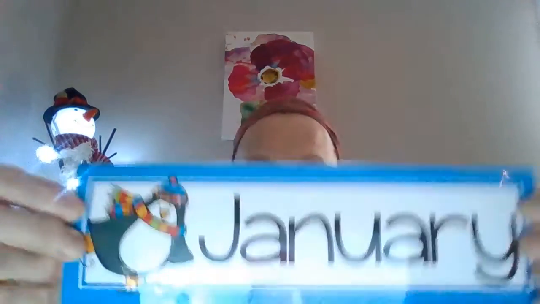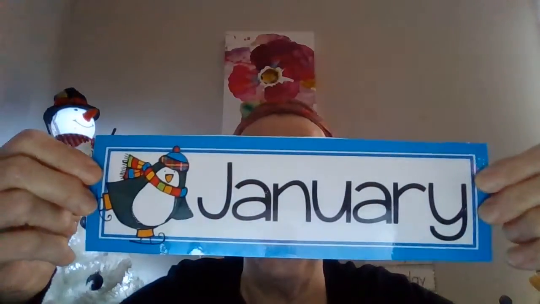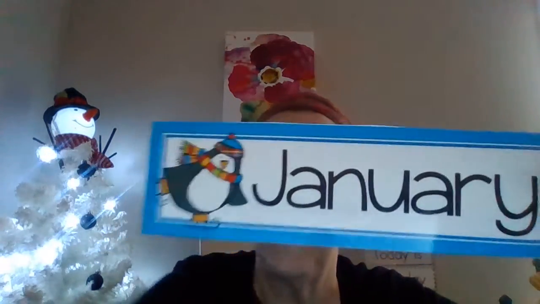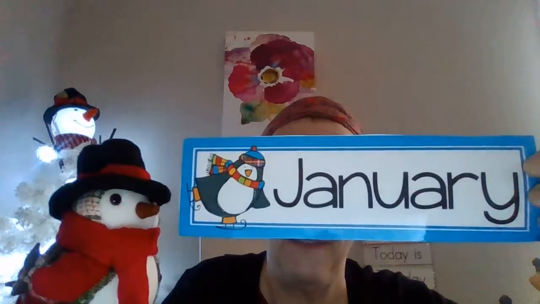But remember, we also talked about the fact that it was no longer December. We've changed into a new month. And I'm going to love this month on these cards I have at home because it is January. And look what they have on it. They have a penguin.